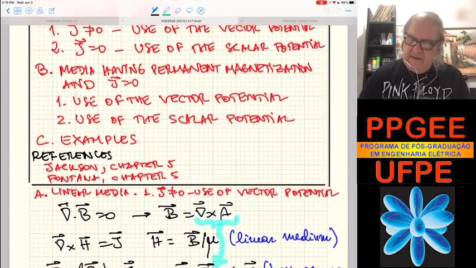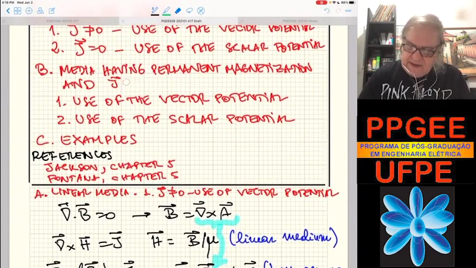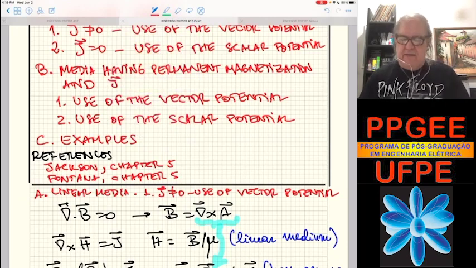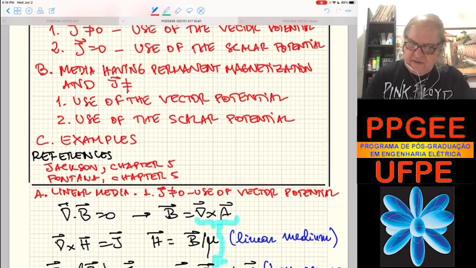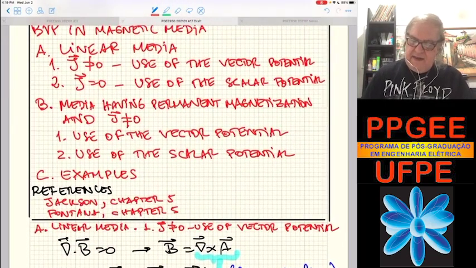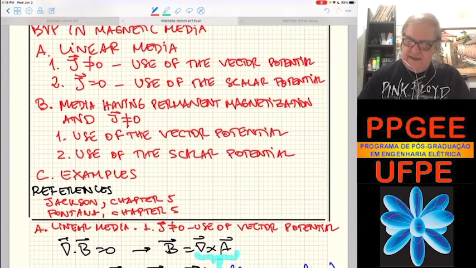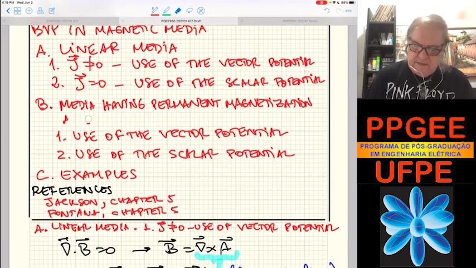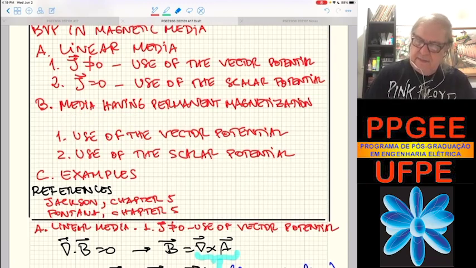This doesn't have to be J different from 0. So the second case we are going to consider is media having permanent magnetization and J different from 0 also, right? Linear media, or media having permanent magnetization, that's all.